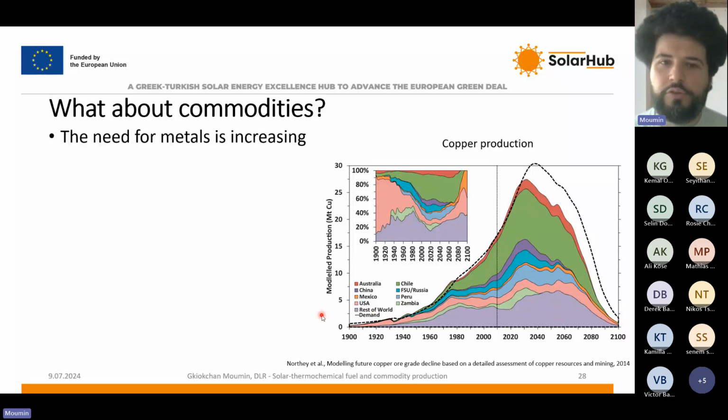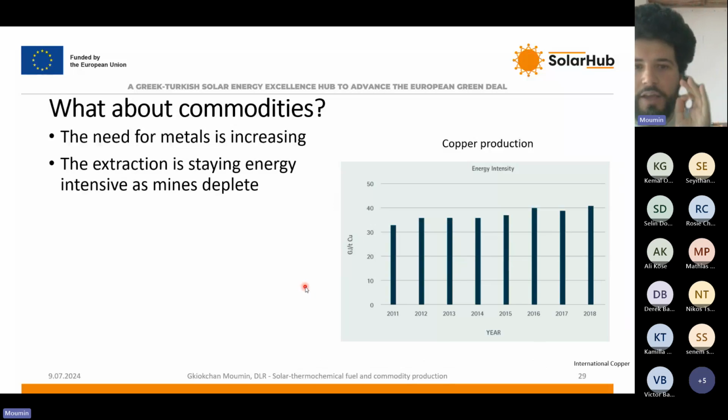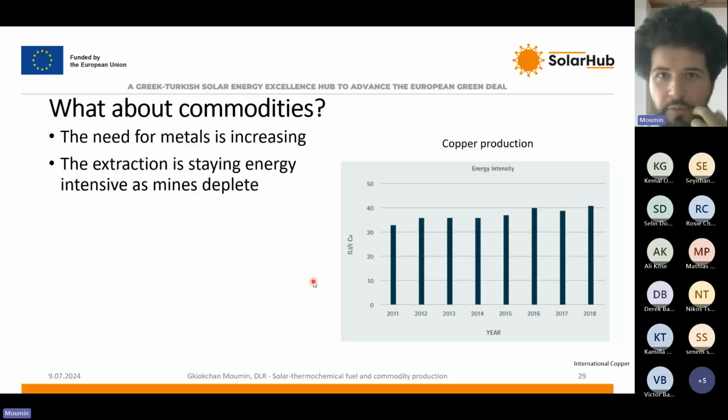Now, there is one paradox with metals or general ores or mining: the energy requirement is generally not decreasing with time. The industry cannot manage to reduce the energy even further, so it doesn't get more and more efficient. Why is that? Because the mines deplete and the best resources are already taken away.